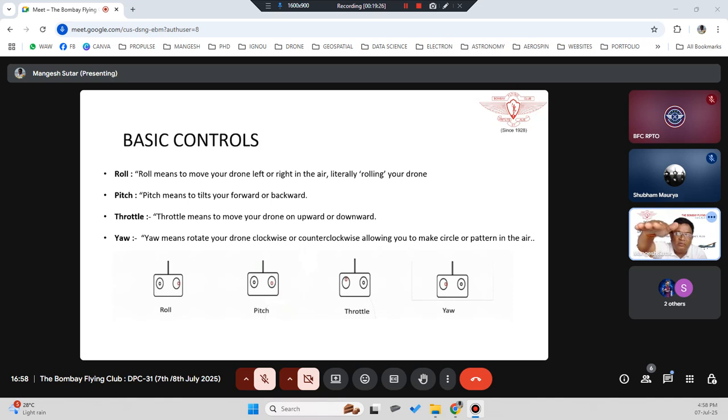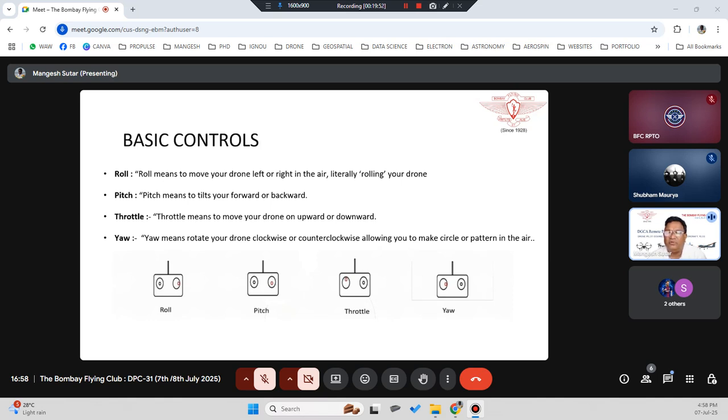Pitch forward, pitch back, roll right, roll left, and the fourth one is throttle up, throttle down. So you have 4 controls: roll, pitch, throttle, and yaw. So R P T Y. Remember these words. Do you know what configuration we use when we are using a controller?